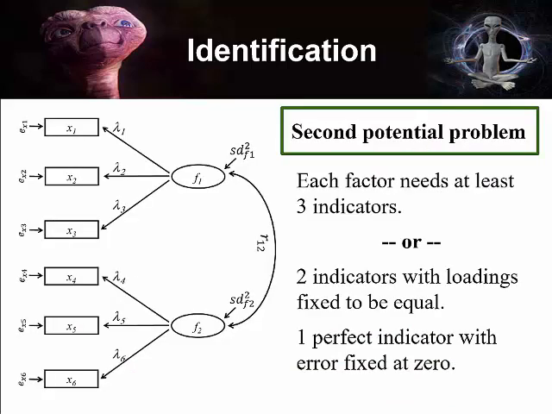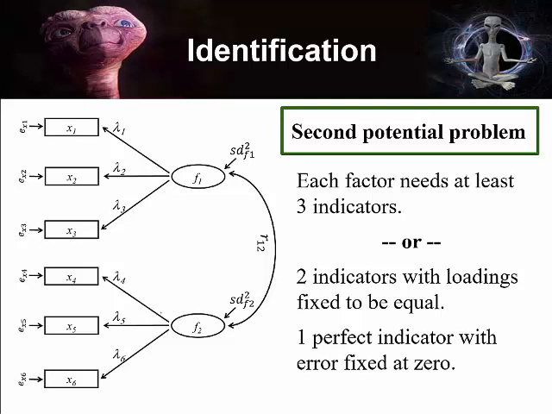Now, just having positive degrees of freedom isn't enough. There are a couple other issues we need to address to make sure that our model is identified. So another issue is that we need to make sure that we have enough indicators for each factor. If I'm going to extract a factor out of a set of items, I need to have enough items to extract a factor from.